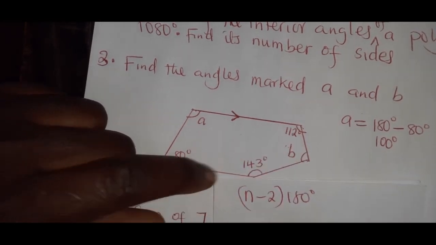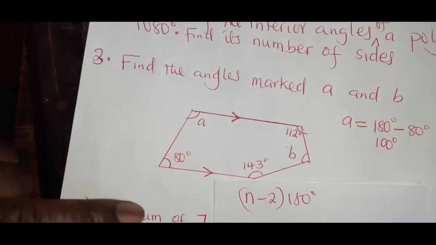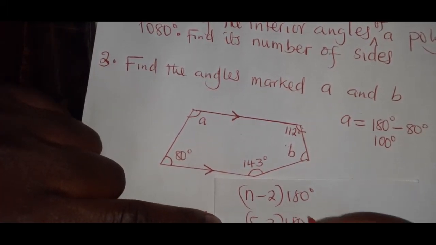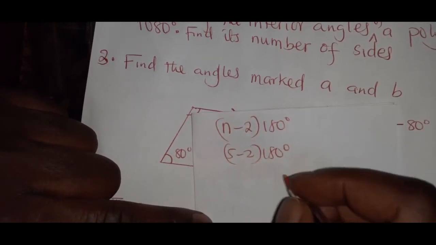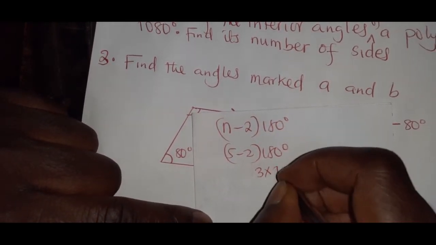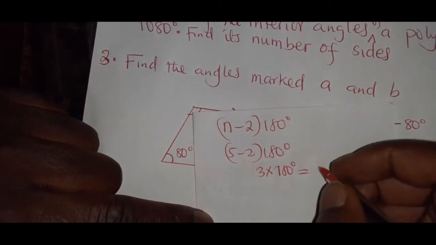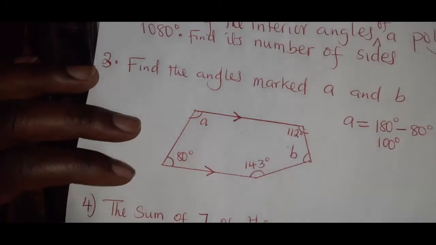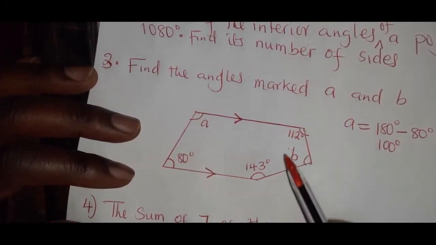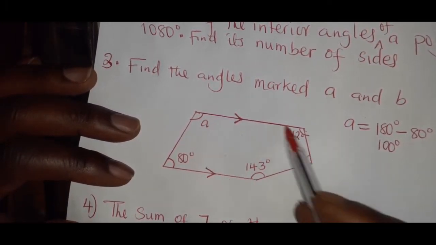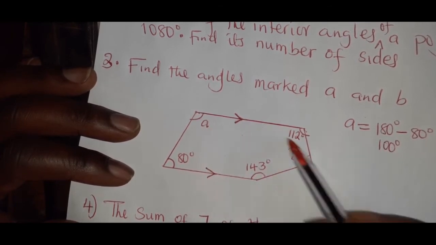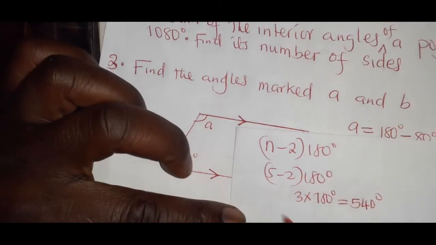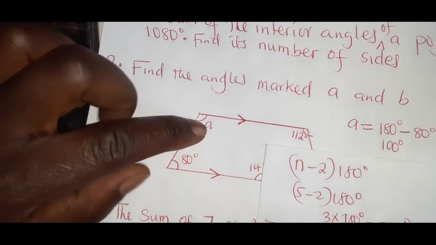If this is 5, then we're going to say 5 minus 2 multiplied by 180. What do we get? This is going to give us 3 multiplied by 180 degrees, which is 540 degrees. So when we add these 5 angles, they must give us 540 degrees. Please, I hope you are following. What is our A?